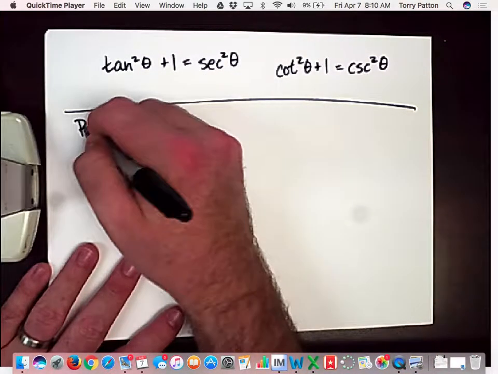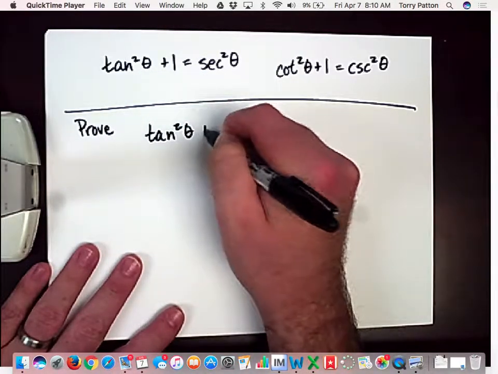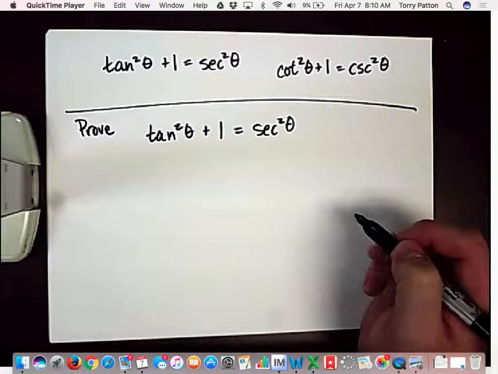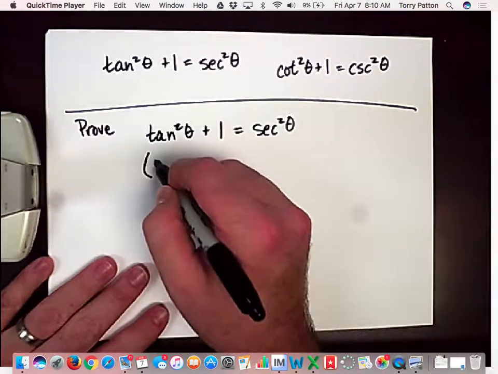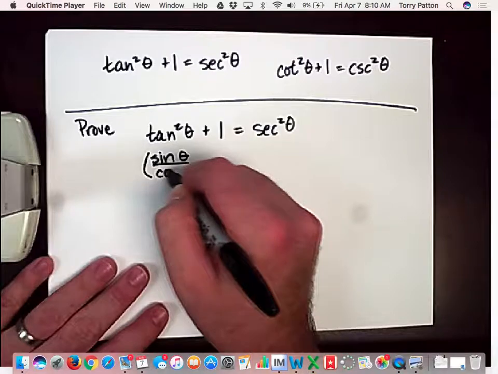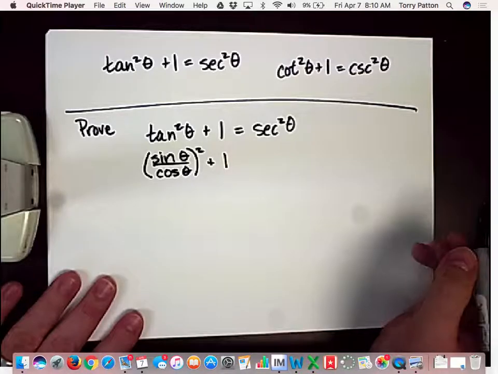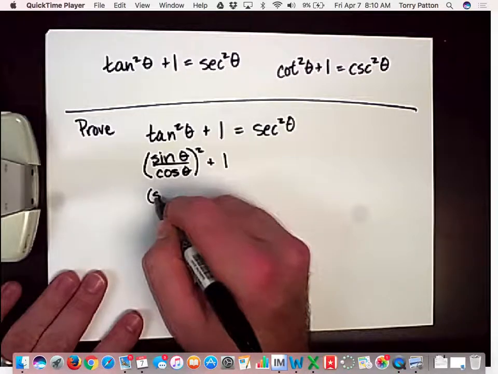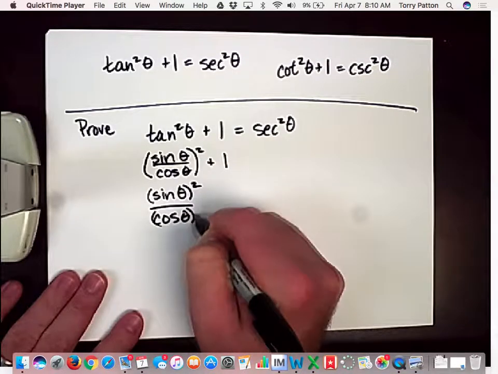So let's say I ask you to prove that tangent squared theta plus 1 is equal to secant squared theta. Okay? Well, tangent squared is sine theta over cosine theta squared plus 1, right? And so that becomes sine theta squared over cosine theta squared plus 1.